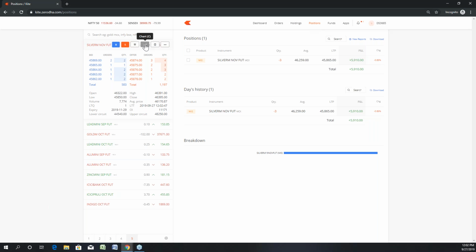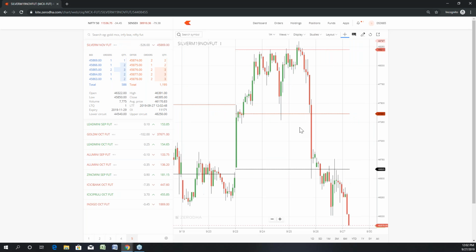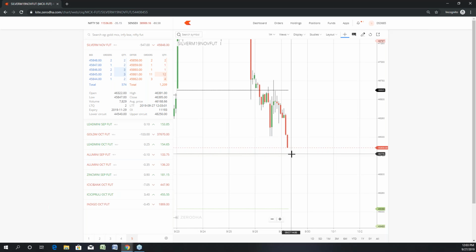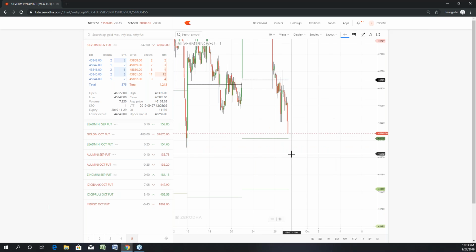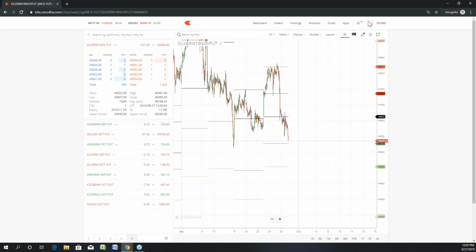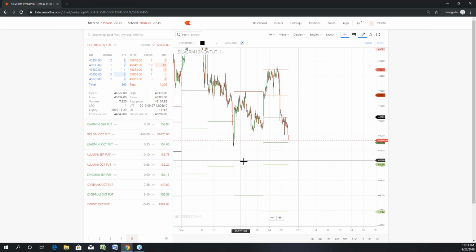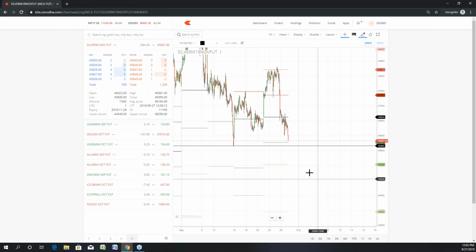I'm not going to lose out on the momentum that I'm getting right now. So the first target is 45,800, and if it breaks 45,775, then what I'm expecting will be a low of this point, which I'll mark. This is going to be the next support.